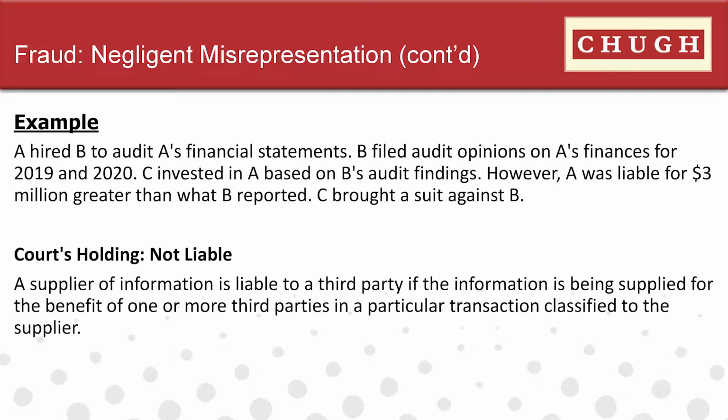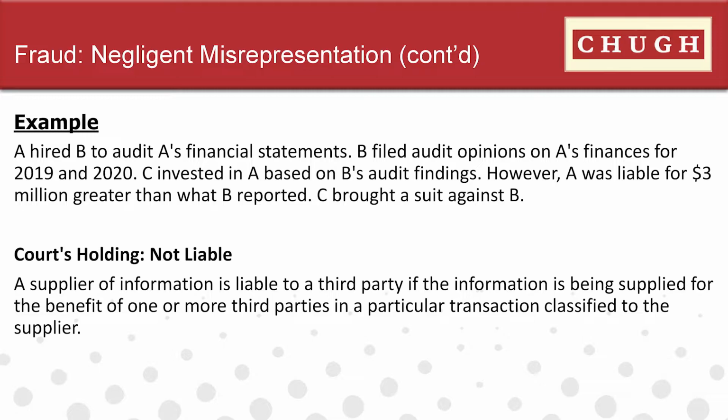But it turns out that Party A actually had a $3 million liability on their books that Party B didn't report in their audit opinion. So then you have this Party C, who had invested into the A company based on the opinion, bringing suit against Party B.